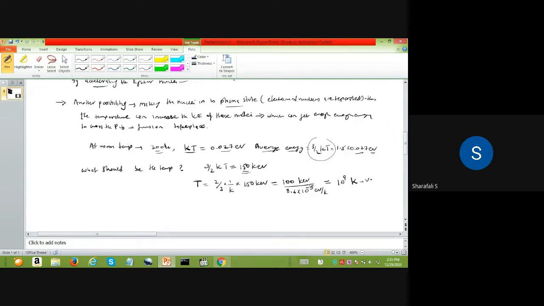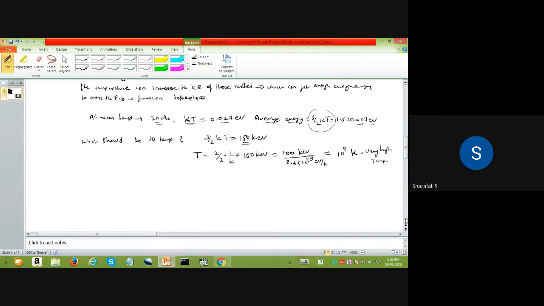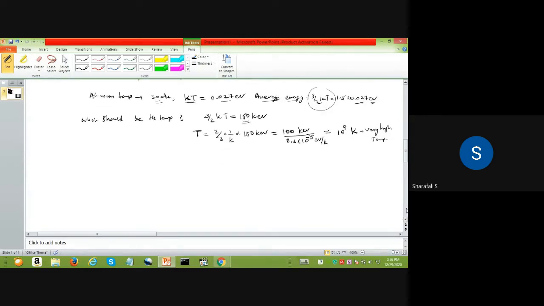So this is very, very huge, a very high temperature. 10 raised to 9 means 10 followed by 8 zeros. It is almost 10 to the power 9 Kelvin, a very high temperature required to have an average kinetic energy of 150 kilo electron volt.